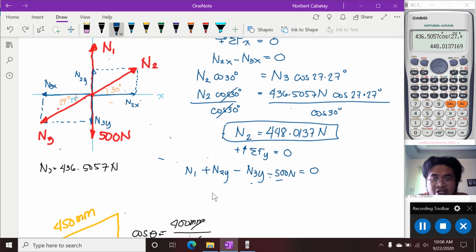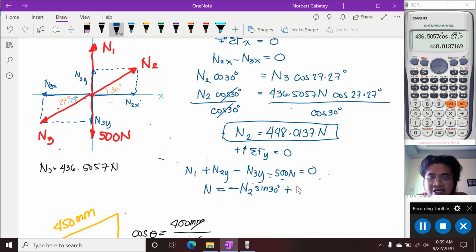So, we're solving for N1, diba? So, N1 is equal na, ililipat ko ito sa kabila, N2Y. So, negative yon. Negative N2Y is negative N2, sine, ito yon N2Y, diba? Ito yon opposite ng 30. So, sine ng 30 yan, minus. Pag ito'y lumipat sa kabila, magiging plus na, diba?